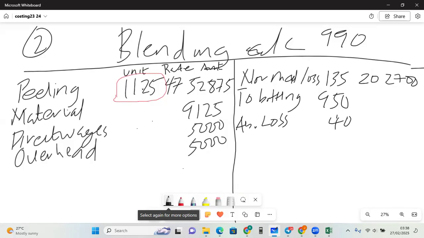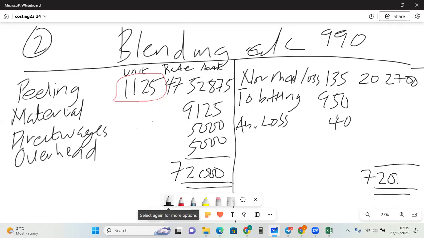Remember, we are still going to use the same thing: the total that we are going to get minus the total value of the normal loss, the scrap value, and then also the unit minus the normal loss. So let's compute the total. All right.